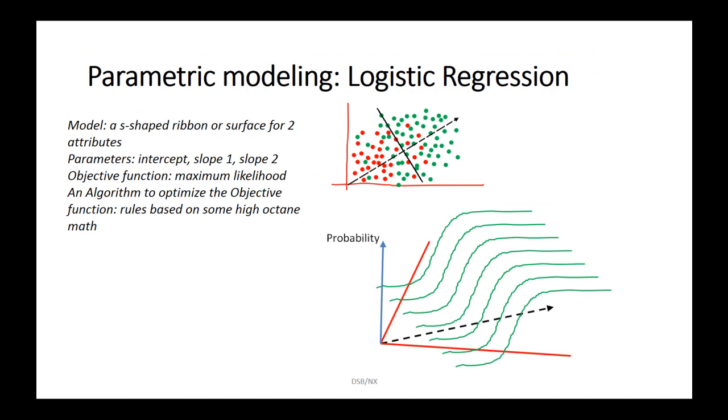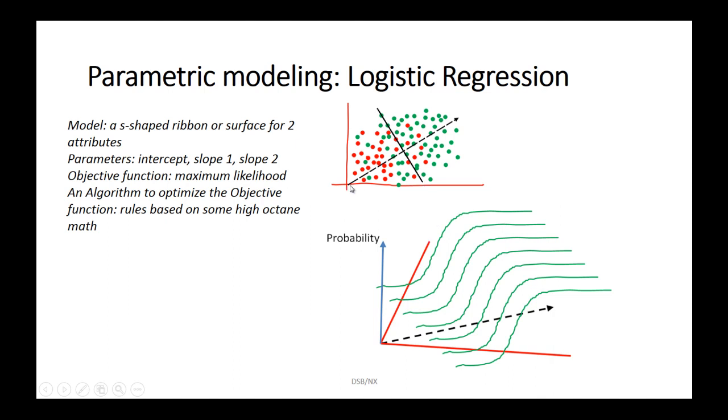As we briefly described in the beginning of the lecture, if we want to use two attributes for class probability estimation using logistic regression, we just need to put together a sequence of parallel S-shaped curves to form a ribbon or a surface like this, shown in this bottom graph. The top graph shows a logistic regression model actually has a linear discriminant model embedded in it, shown as this solid line.